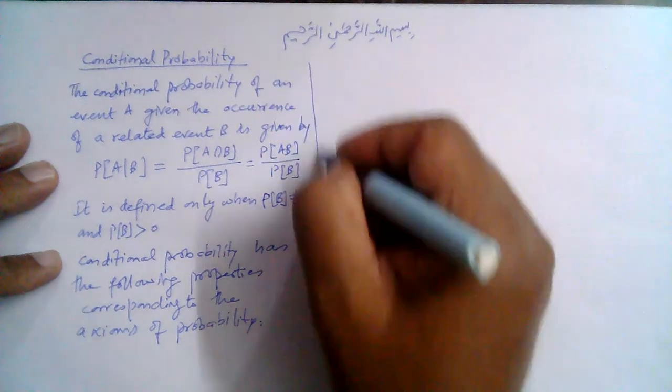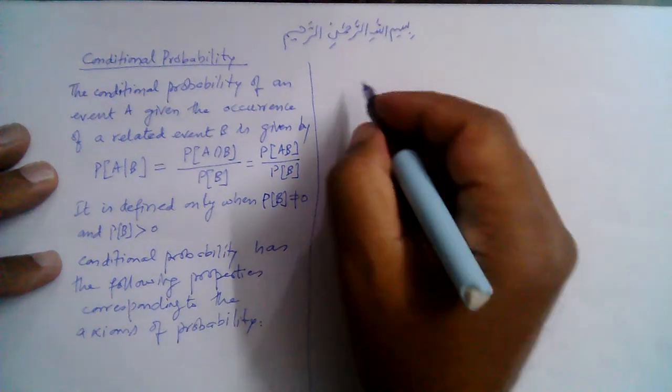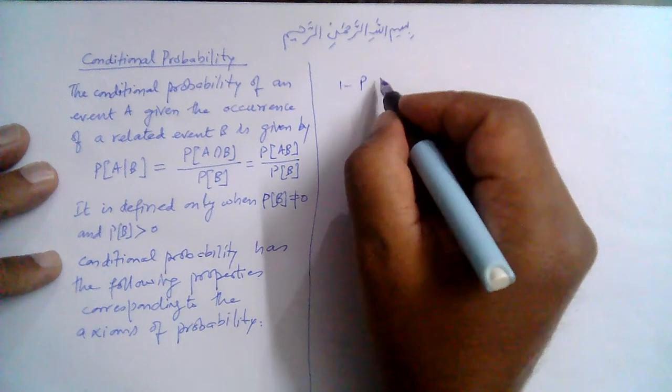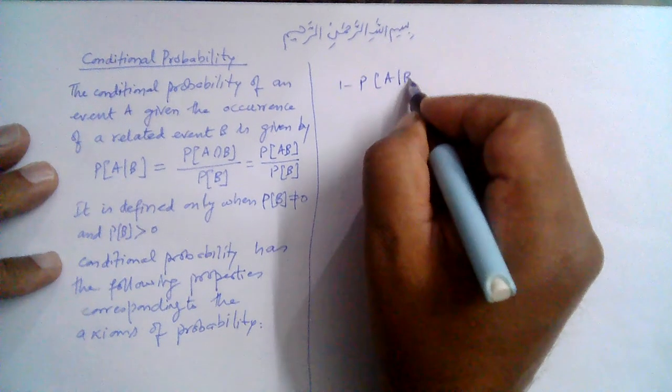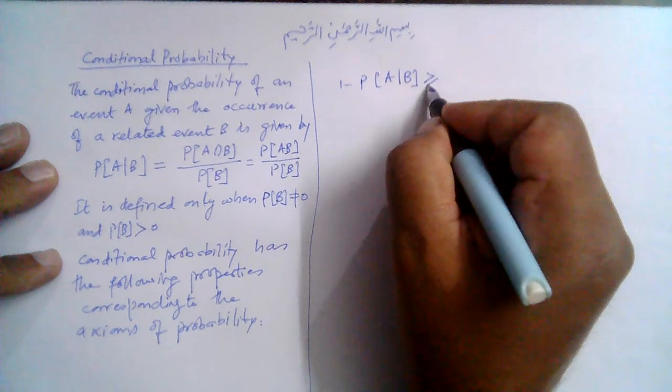Number one, probability of A given B is greater than or equal to 0, right?